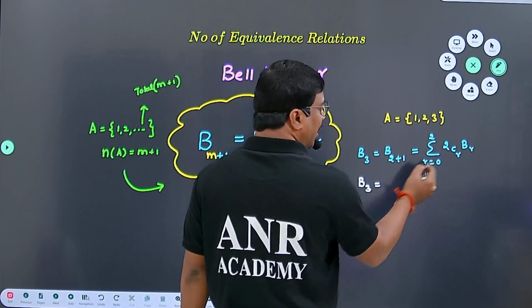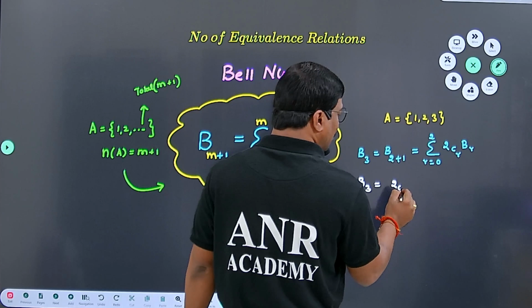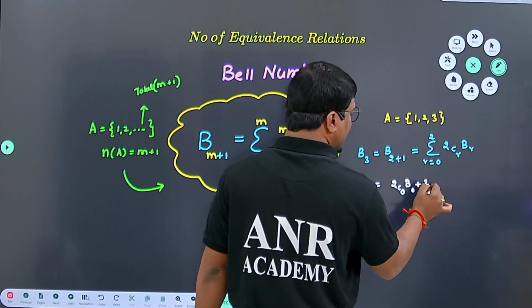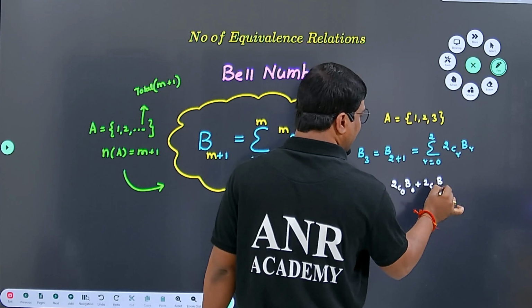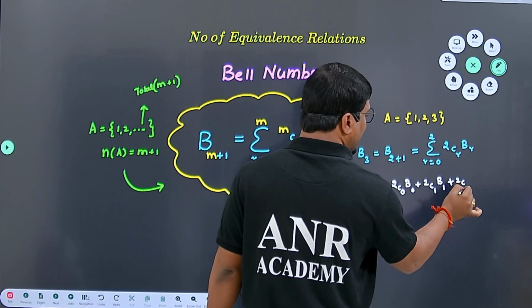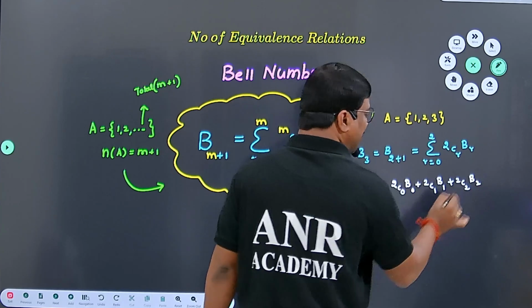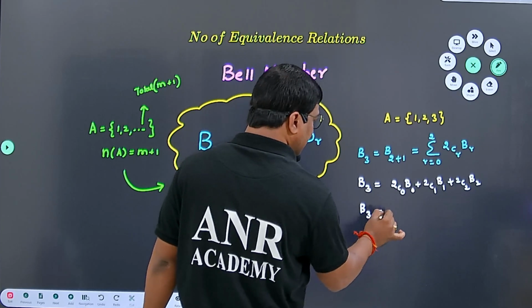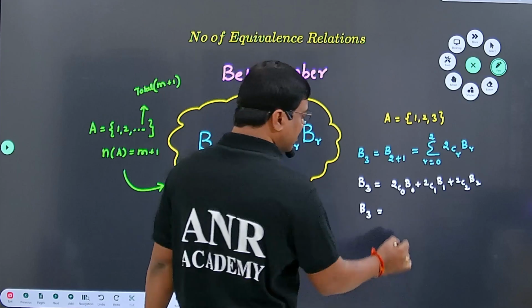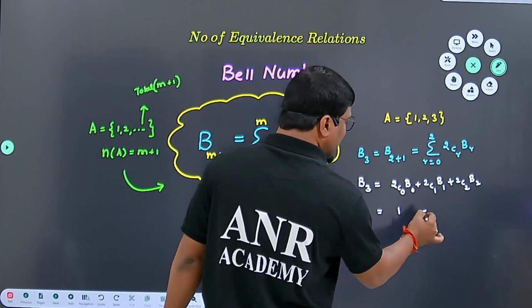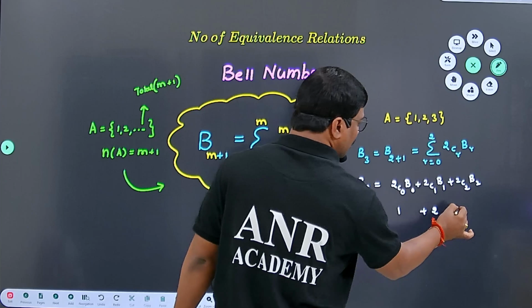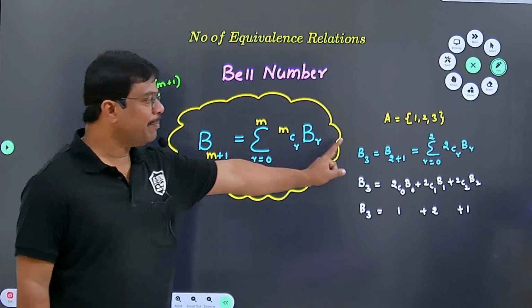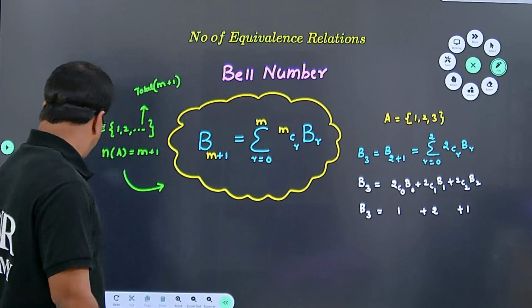First, if you write r value 0, it is 2C0 B0. Next, 2C1 B1. After that, 2C2 B2. Now B3 is written as 2C0 value 1, 2C1 value 2, 2C2 value 1. Now you have to mention B0, B1, B2.